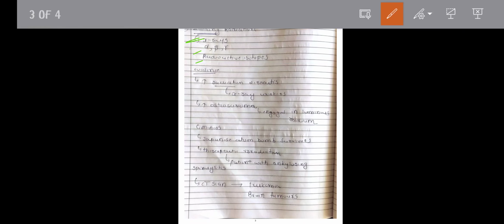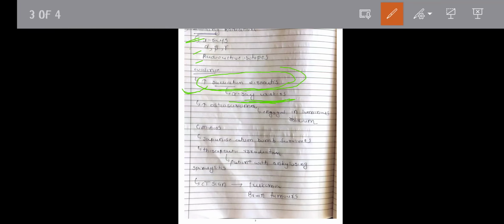The evidence in support of ionizing radiation physical carcinogenesis is there is increased incidence of radiation dermatitis. Radiation dermatitis is noted in X-ray workers and radiotherapists.